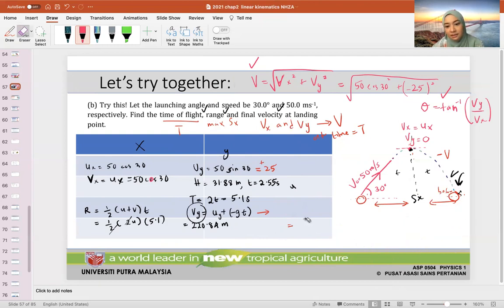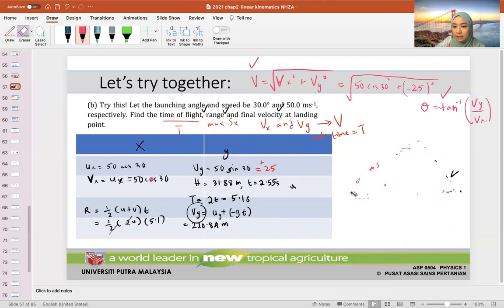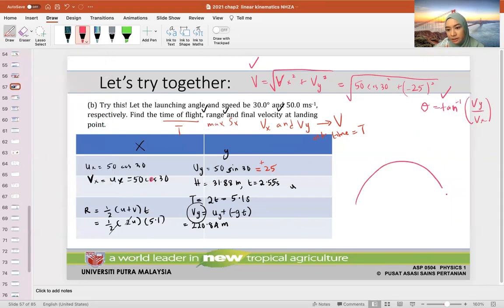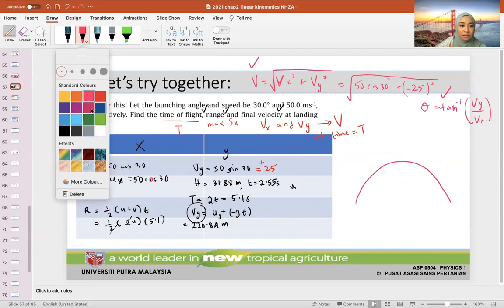So that's sad. Okay, let's talk about why for the previous example it was 0 and suddenly why it has become a value. Okay, let's just use pink. So this is my projectile motion. I already know this.